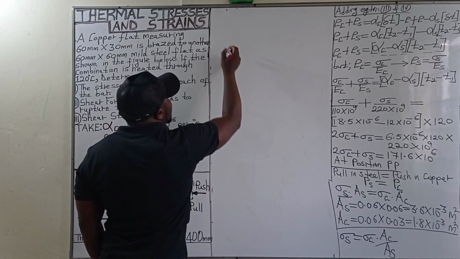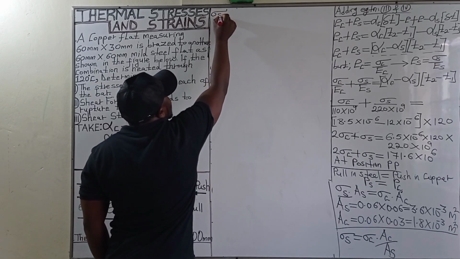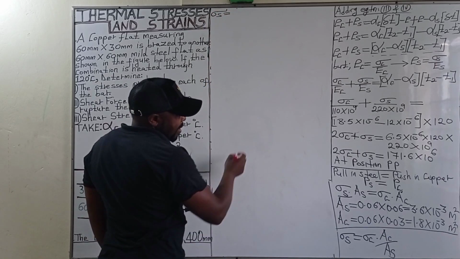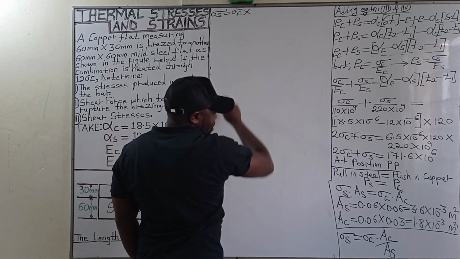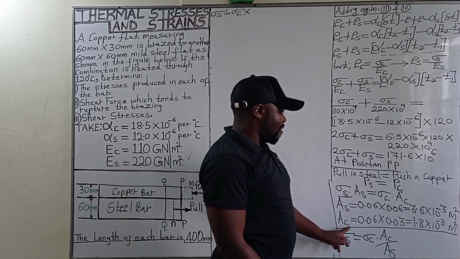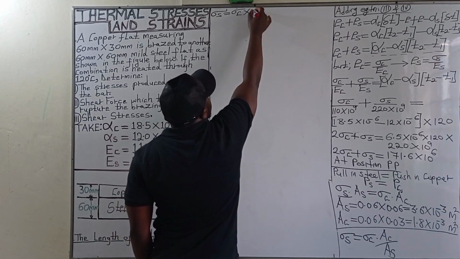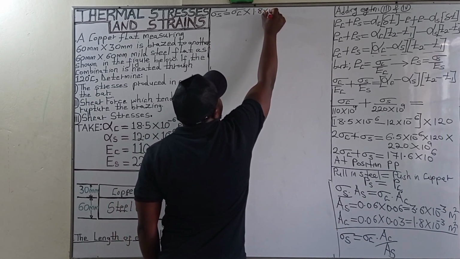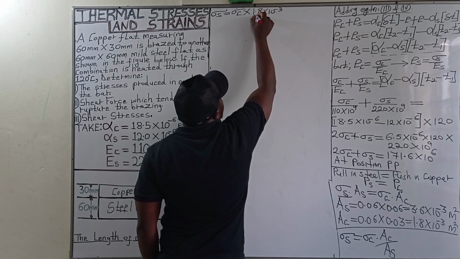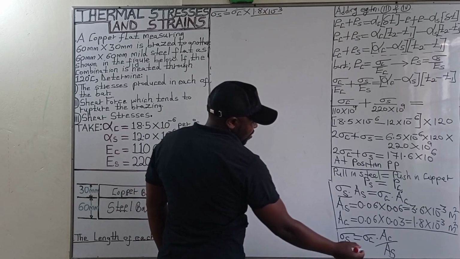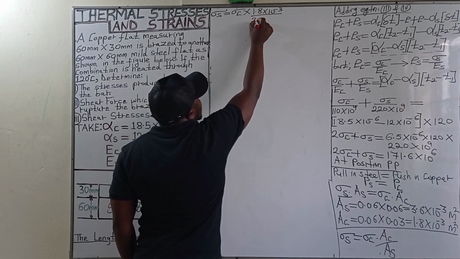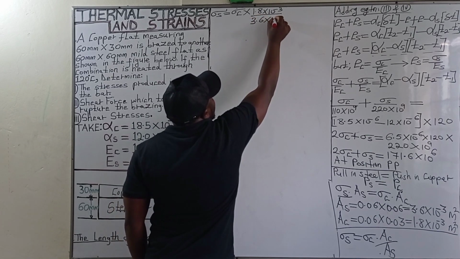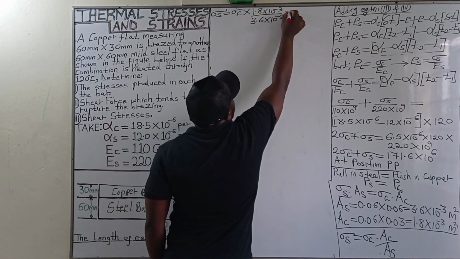Therefore, the stress in steel will be given by stress in copper multiplied by cross-sectional area of copper 1.8 times 10 raised to the power of -3 divided by cross-sectional area of steel 3.6 times 10 raised to the power of -3.